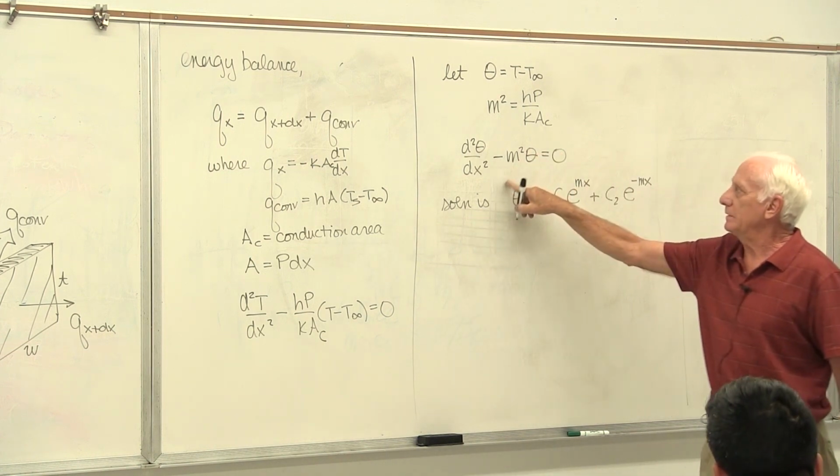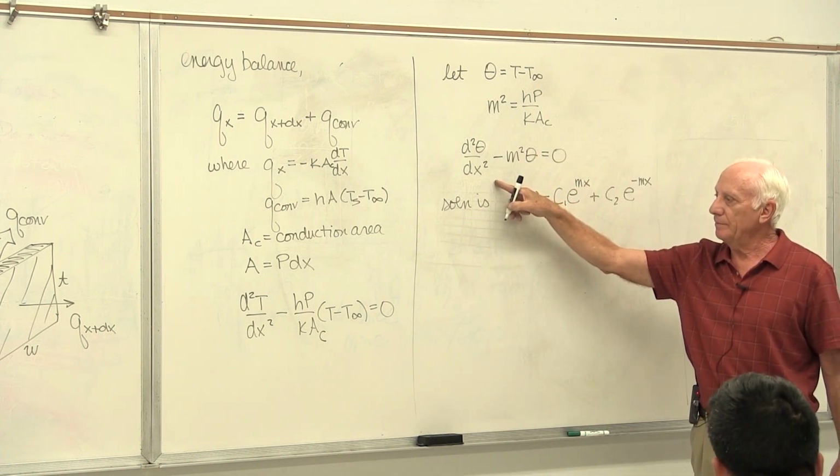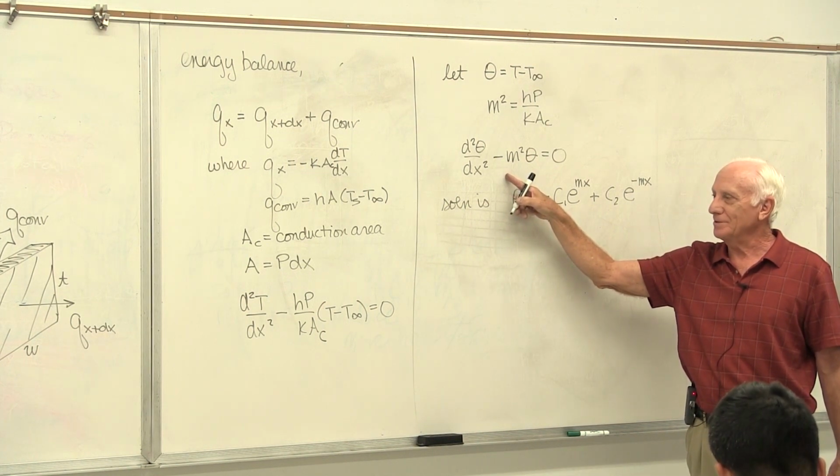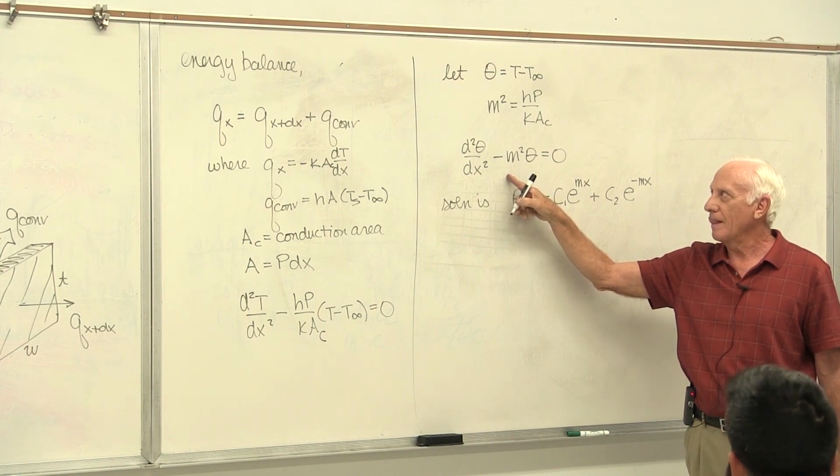So you can see how it cleans up the differential equation compared to the one over here. It may look like something that you solved before. So it cleans it up so it looks familiar.